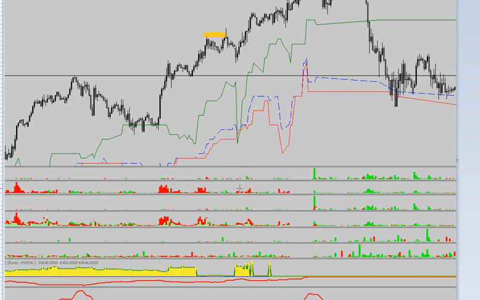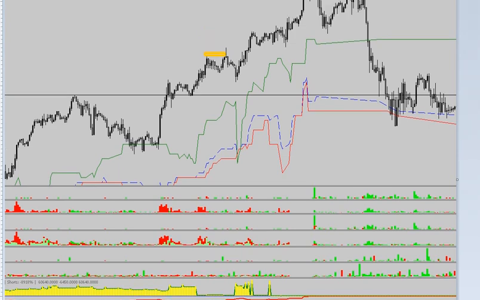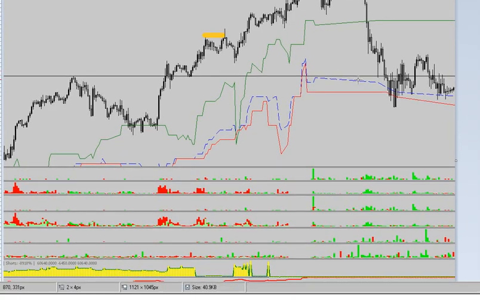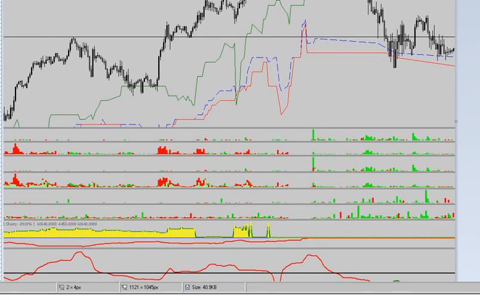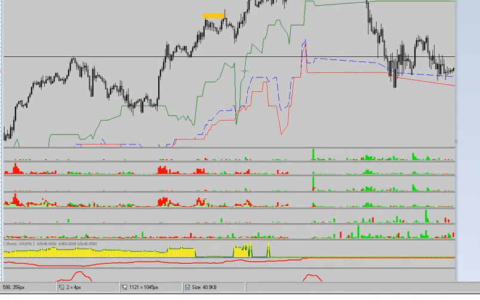Let's say that for some reason you missed the exit. And then look what happens. In this particular scenario, once more shorties come into the market. Here you go.